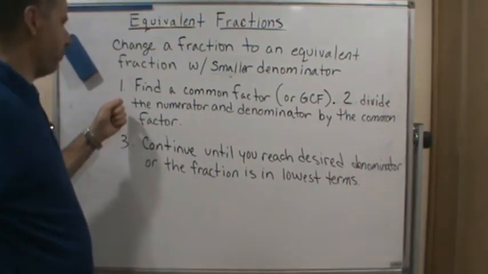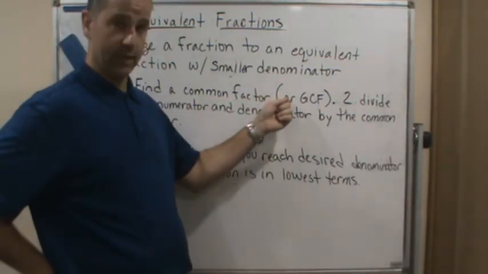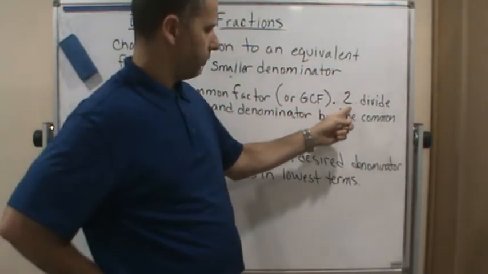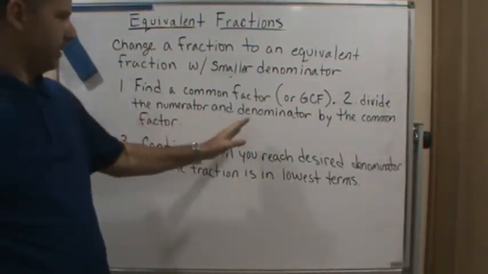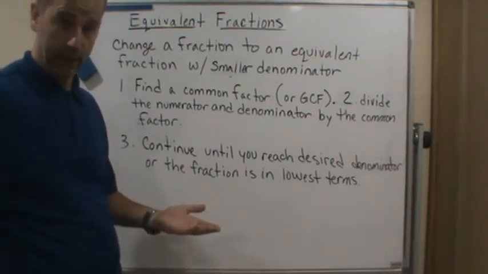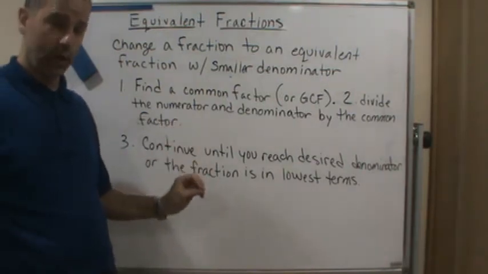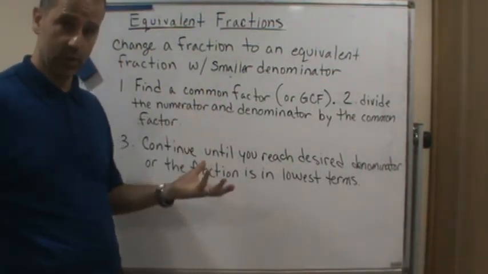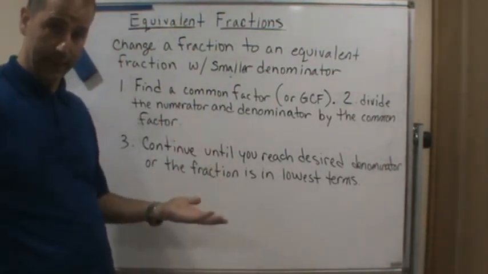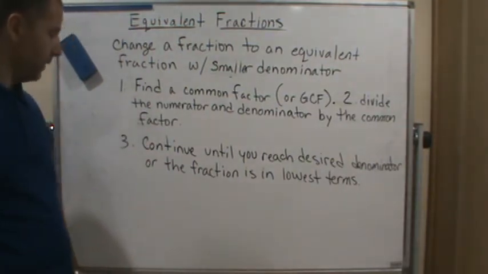So that's step 1, find the common factor or GCF. 2, divide the numerator and the denominator by the common factor that you found, or the greatest common factor. And then 3, continue steps 1 and 2 until you either reach the desired denominator or the fraction is in lowest terms. And that's it.